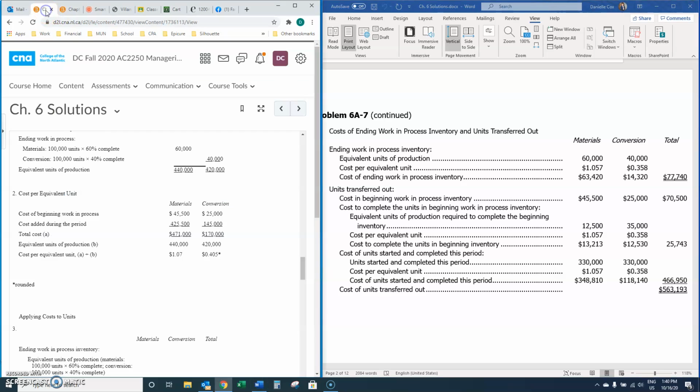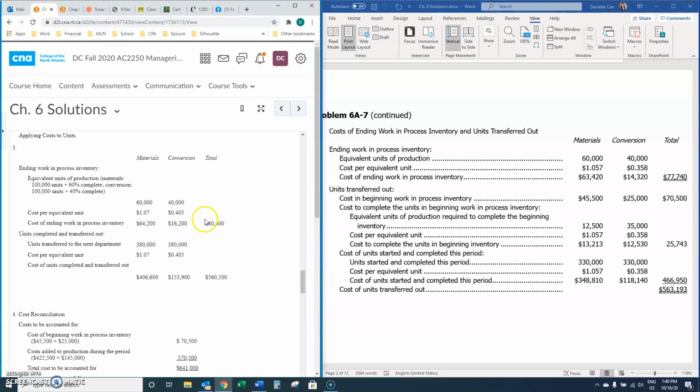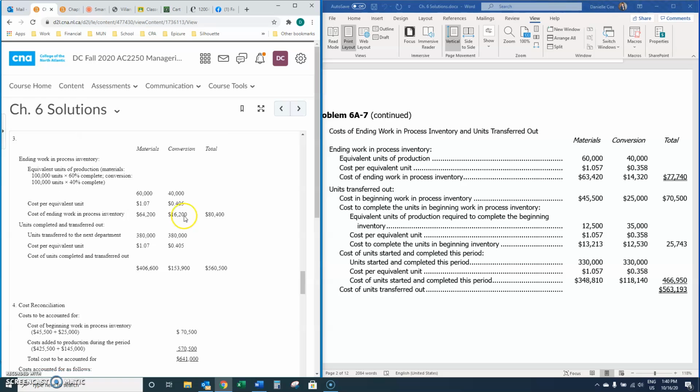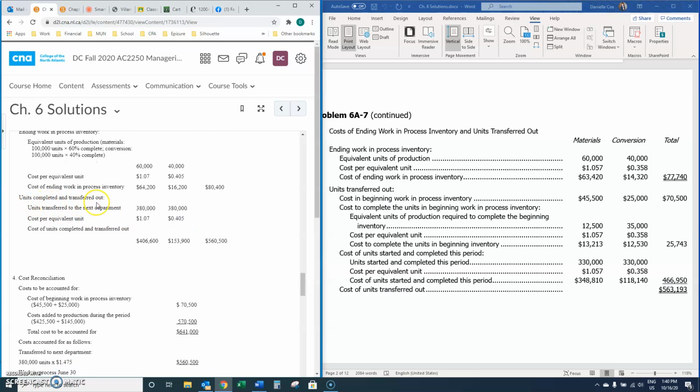And again, if I go back here, ending work in process is the same 60 and 40. It's just that the cost per equivalent unit is different under both. Then for units completed and transferred out, under weighted average they just take the total units transferred, 380, whereas here we break out what's left to complete in beginning inventory and what was started and completed this period.